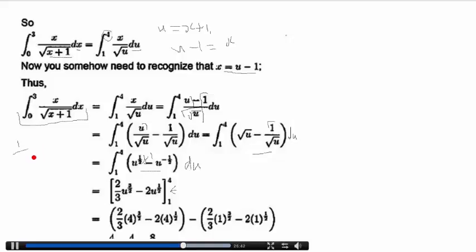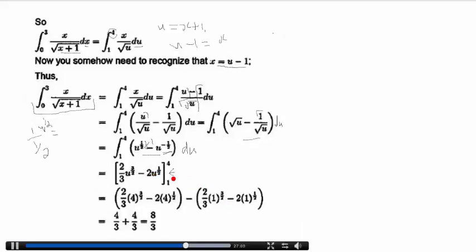In this case, it's u to the power minus half, and then you add 1 to that, it becomes u to the power half, divided by the result, which is 1 upon 1 upon 2. 1 upon 1 upon 2 could be written as 2, and that is why this 2 is on top here.